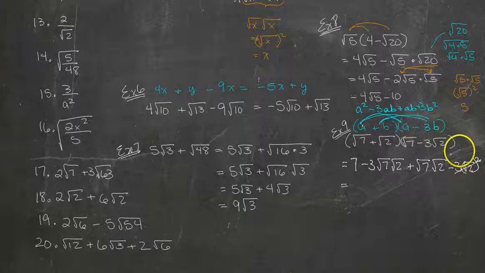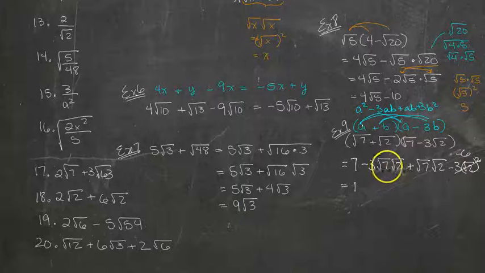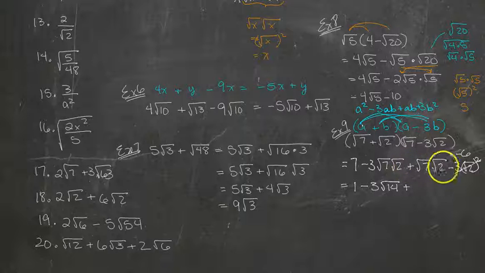So this could actually just be rewritten as negative 6. 7 take away 6 is 1. Cool. Then minus 3 times, let's call this root 14. I'm going to go ahead and write this part out. Plus, remember you can just multiply inside, so that'd be root 14. Okay, and then let's clean it up.